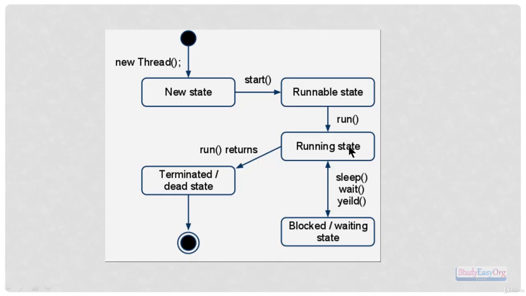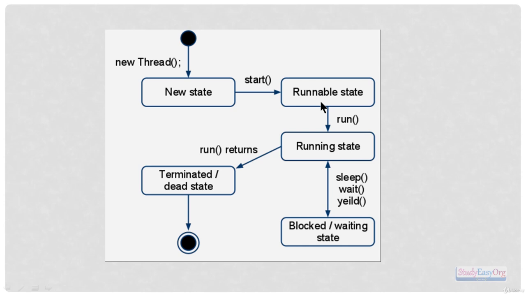Alright, now let's quickly understand the workflow, how exactly a thread will work. Firstly, we need to create a new thread by taking help of the new keyword. We can call the constructor by the name of Thread, and a new thread would be created. A new reference would be created. Now, using the reference, we need to call the start method. Now friends, as soon as we call this start method, the thread will enter into a runnable state.